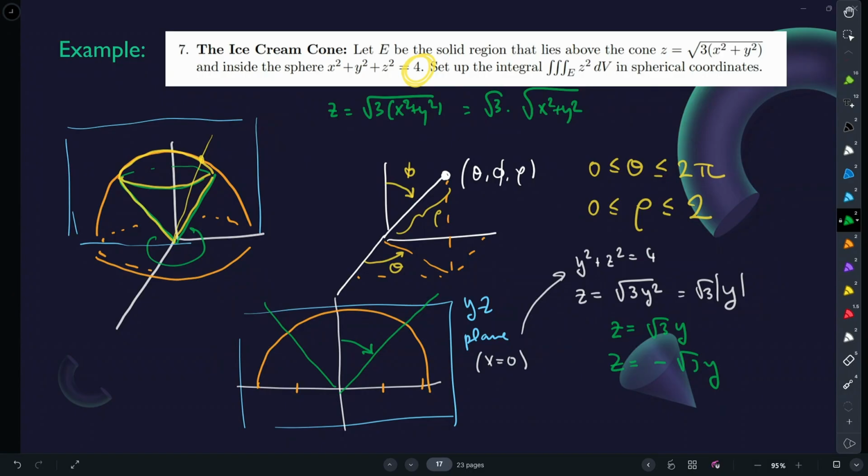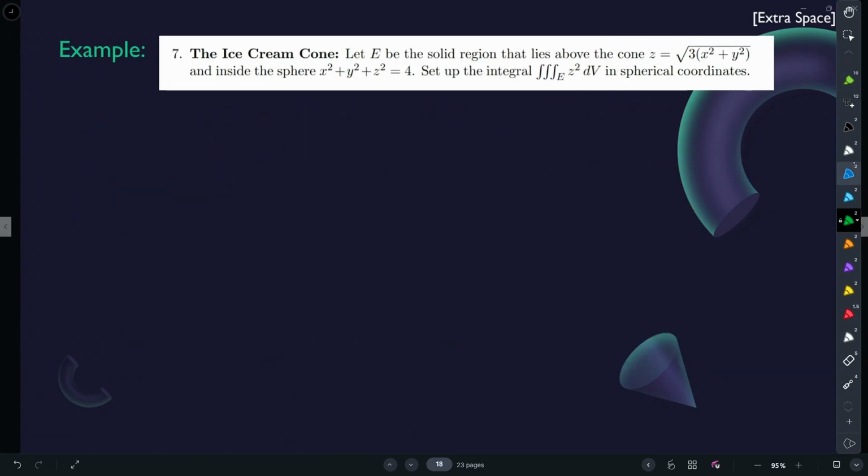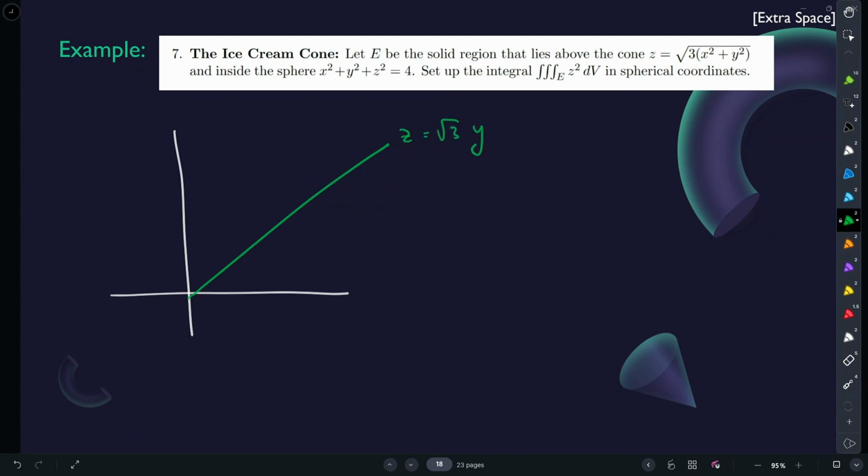All right, so let me move on to this page and draw that again. This line is z equals the square root of 3y, and I need to know this angle over here.